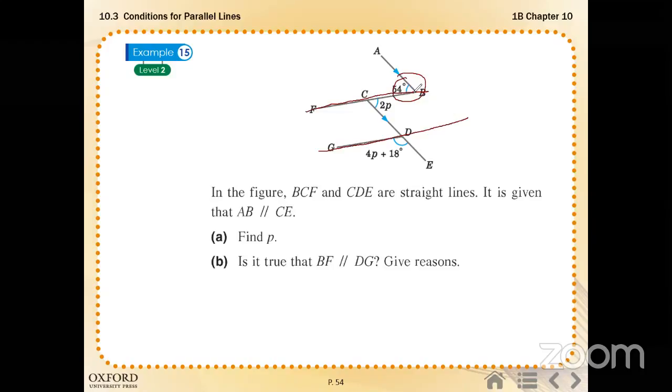For example, if I produce this line, then I have another angle here. If it is also 54 degrees, because this one is 54 degrees. If I can find that this one is also 54 degrees, then I can know that these lines are parallel.